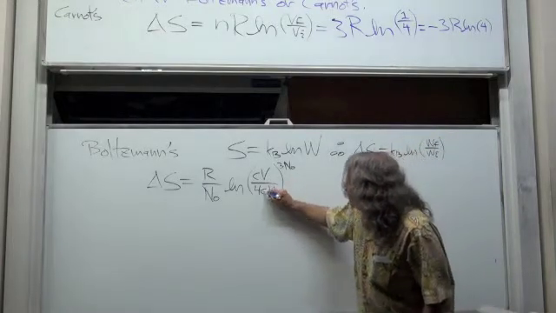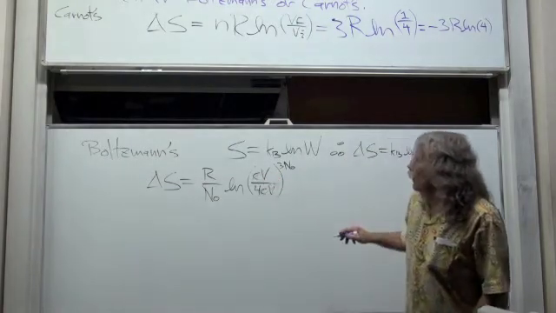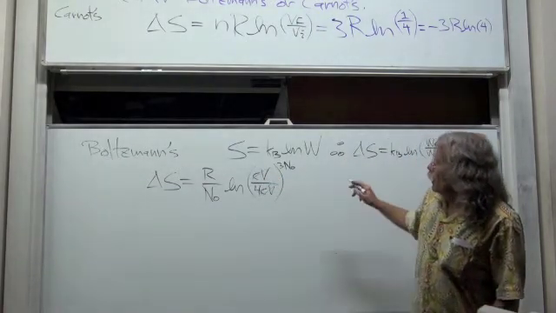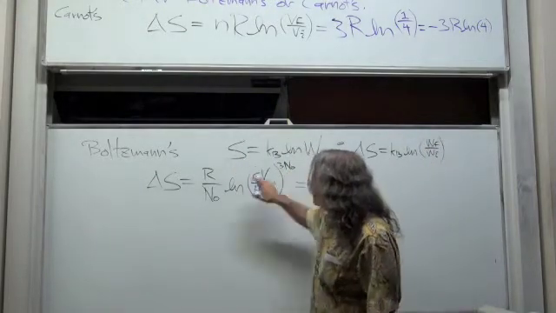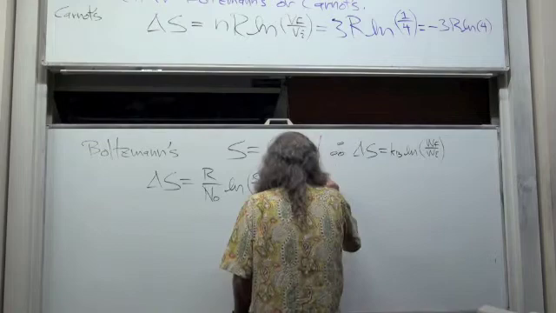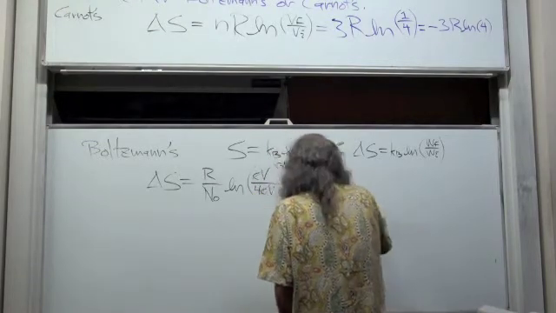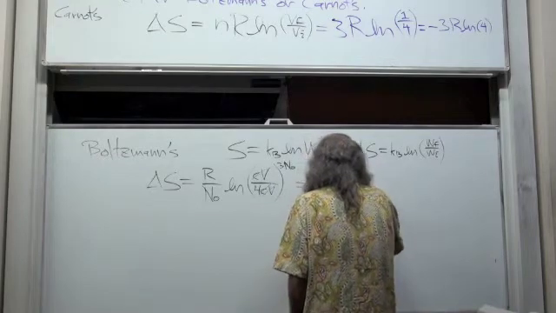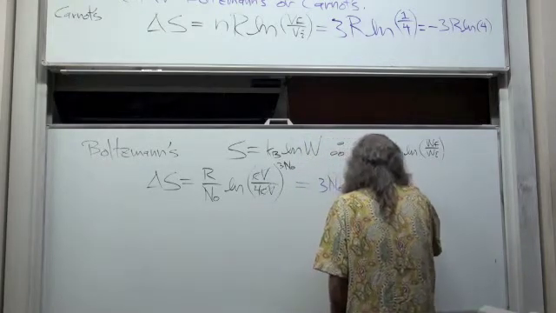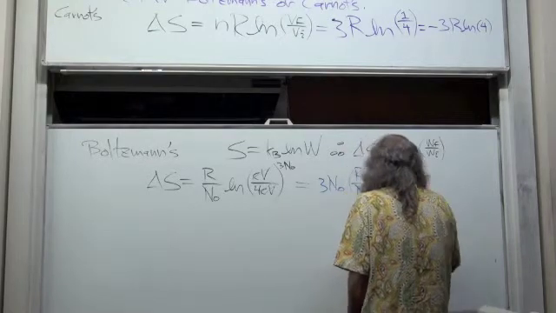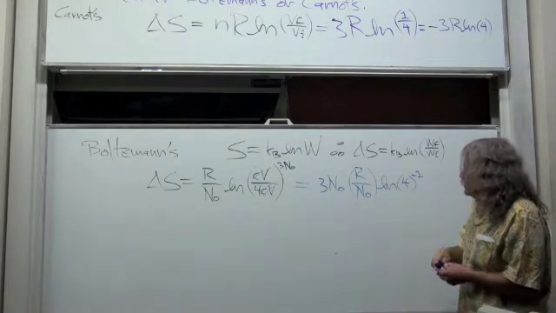So notice that the CV drops out, this constant times the volume, and so I can then pull the 3 N naught through, and it's going to be equal to 3 N naught times R over N naught times the natural log of 4 to the minus 1, which I can then take care of in 2 steps.